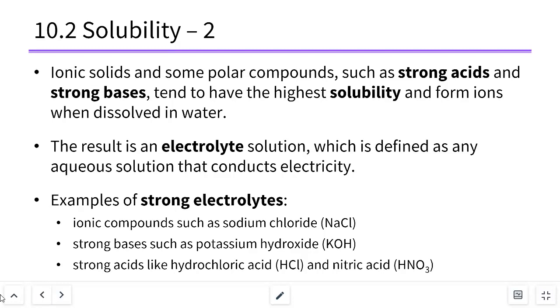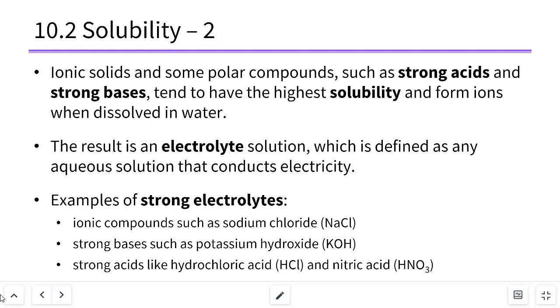When it comes to strong electrolytes, what we are seeing in this case is a large quantity of ions. So the characteristic of electrical conductivity has everything to do with ions.